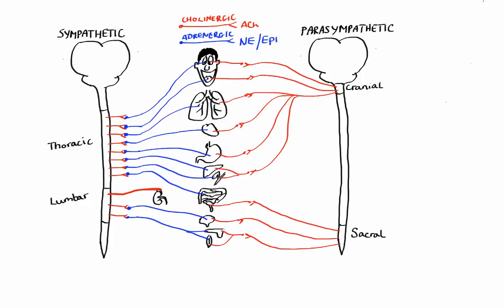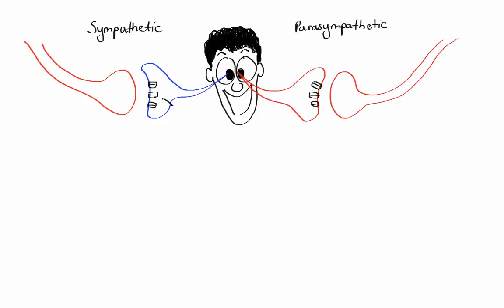Now, I want to briefly talk about the receptors involved in this whole system. So let's zoom in on this synapse from the sympathetic system, and also let's zoom in on this synapse right here from the parasympathetic system. The receptors on postganglionic neurons within the sympathetic and parasympathetic system are all nicotinic receptors. Moreover, the receptors in skeletal muscle are also nicotinic.